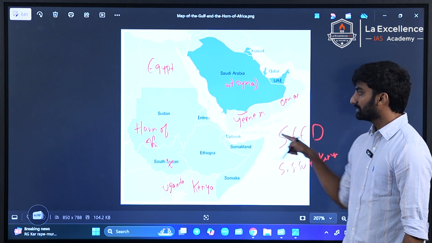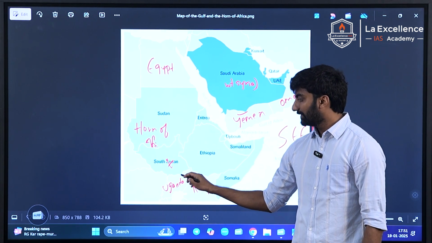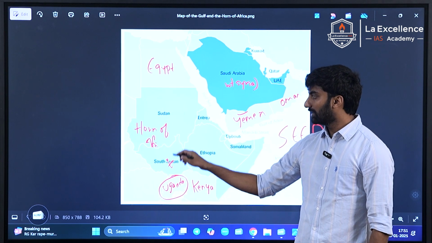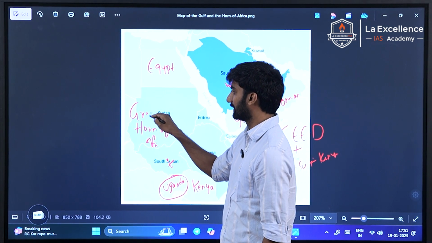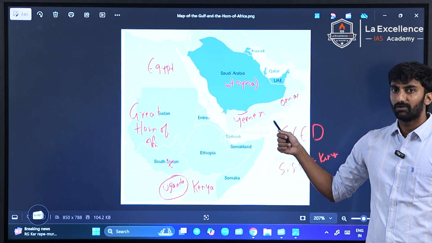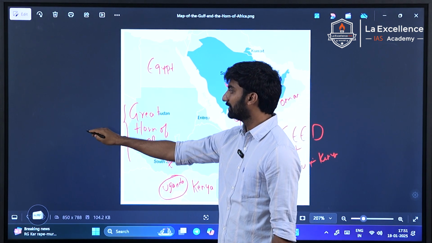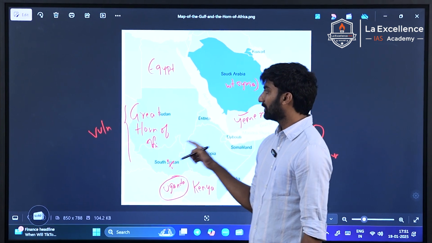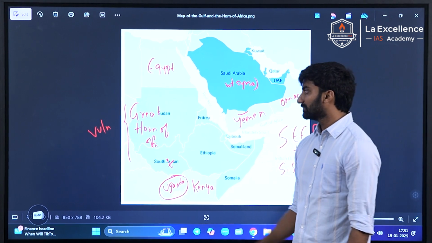So these 7 countries together is called Horn of Africa. In addition to these 7 countries, if we are also including a country called Uganda in Horn of Africa, this will be called Great Horn of Africa. Small difference between Horn of Africa and Great Horn of Africa. And this Great Horn of Africa is one of the most vulnerable region in the world, driven by poverty, driven by underdevelopment, all such issues.